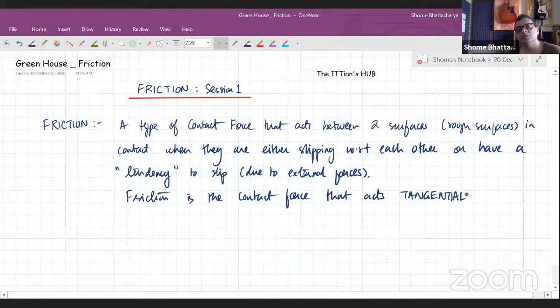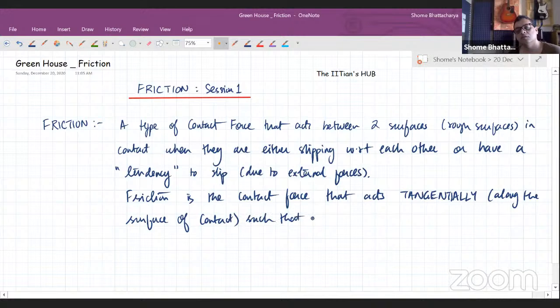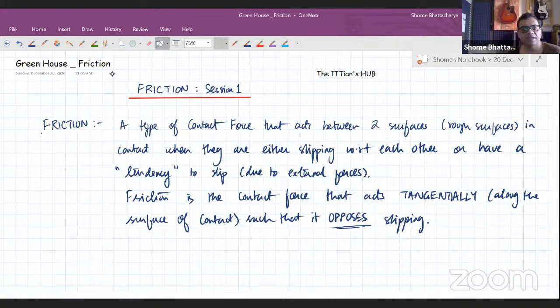Tangentially means along the surface of contact, such that it opposes slipping. The direction of friction is always such that it opposes slipping. Just make a note of this definition first, then we will understand this definition better with some examples, with diagrams and things.